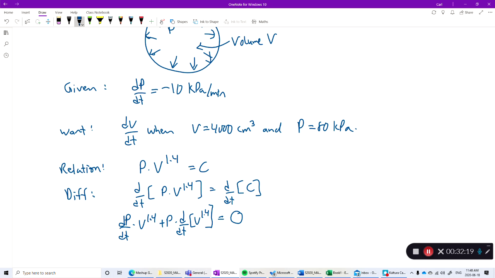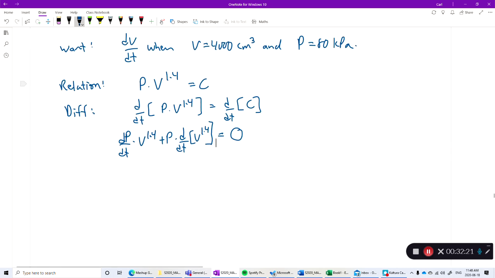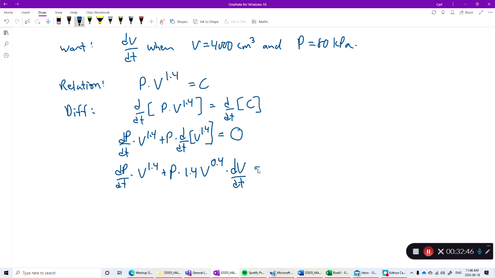What do I get? dP/dt times V to the 1.4. How do I do the volume derivative of V to the 1.4? It's a power rule, right? So I bring down the 1.4, V to the, I subtract 1, chain rule, dV/dt. Good.